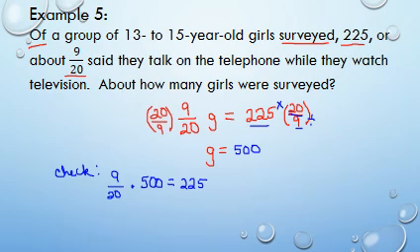You can take your whole number, 500, multiply by the numerator, and then divide by the denominator, 20. 500 times 9 divided by 20, and you do get that 225, so our answer does check out. So the amount of girls is 500.